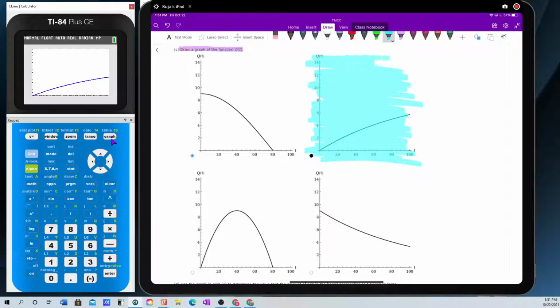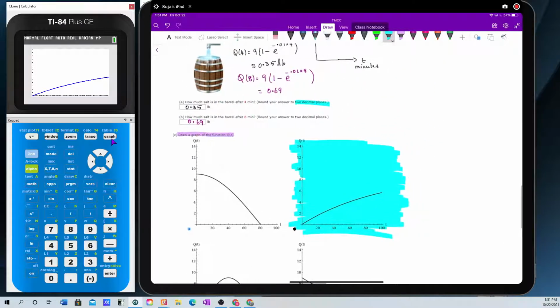Now I can check the previous 2 values after finding this also. Finding 0.35 lb when t is 4 minutes and 0.69 lb when t is 8 minutes could be done from the graph too. For that, go second calc, hit value.